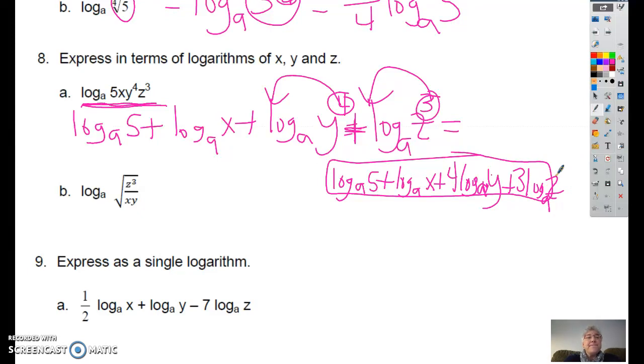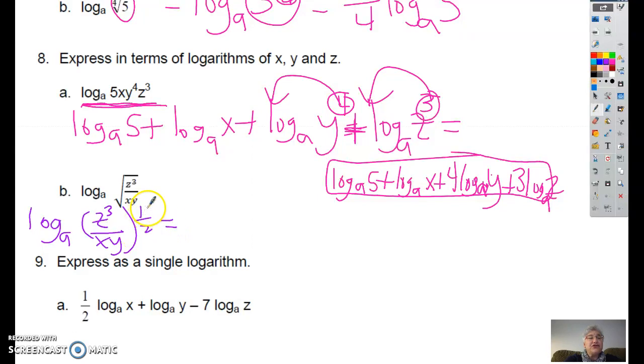For 8B, we're going to have to first get rid of our radical and convert to rational. So I'll start all the way over here because it looks like we'll need room. Log base A of the whole thing raised to the 1/4 power. This is square root. So when I do square root, radical to rational, I change it to the 1/4 power.